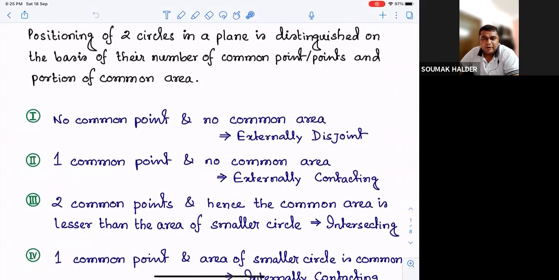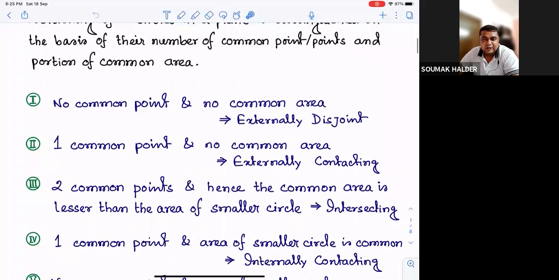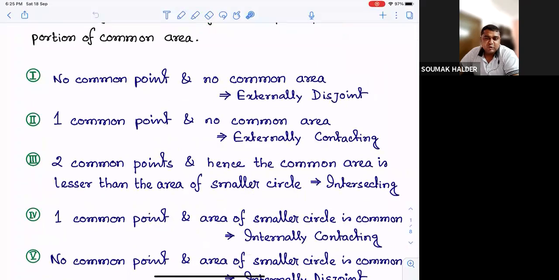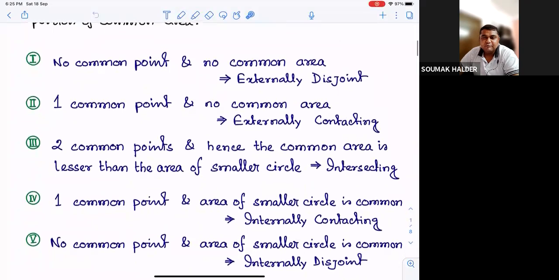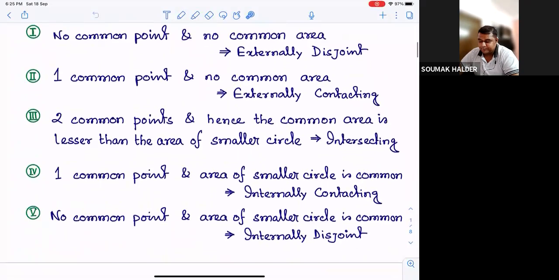Number 4, one common point and the area of the smaller circle is common. In that case, we will mark it as internally contacting. And finally, the fifth variation, no common point, but the area of the smaller circle is common, will be marked as internally disjoint. So we are just going to have a look at the identification from this type of position.